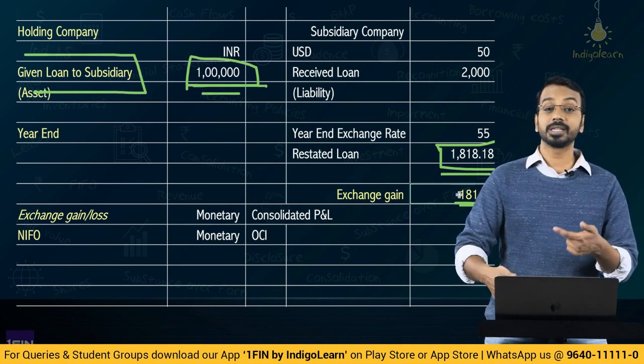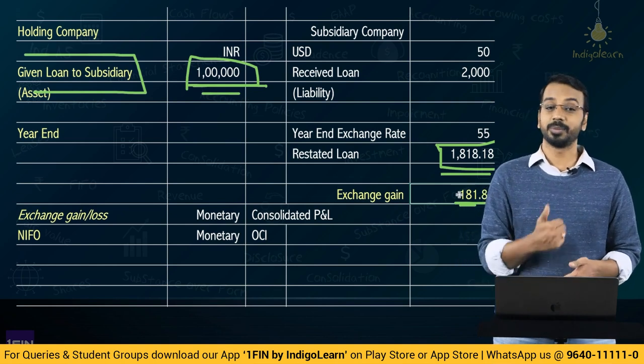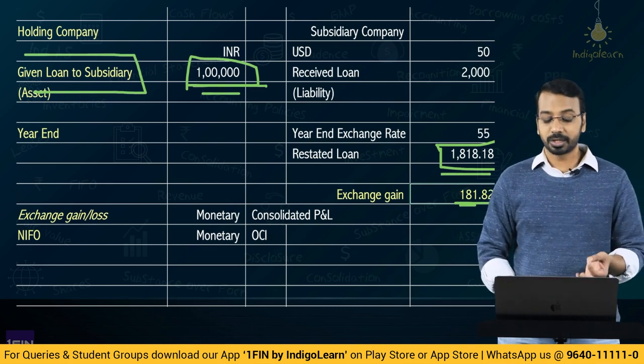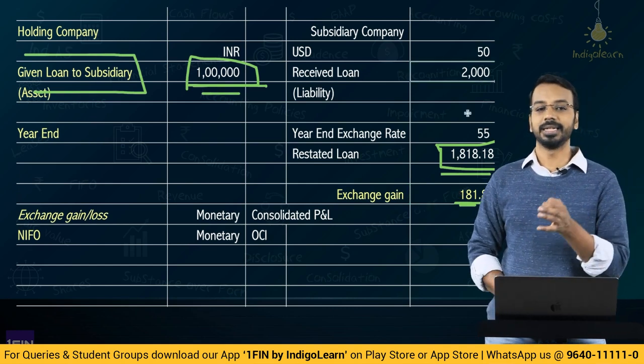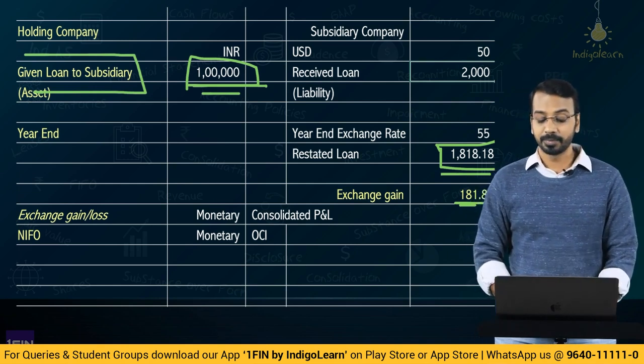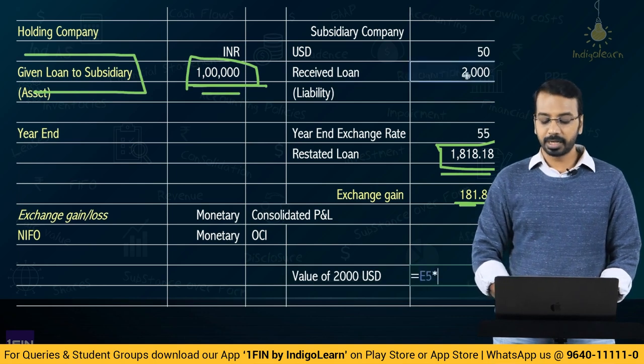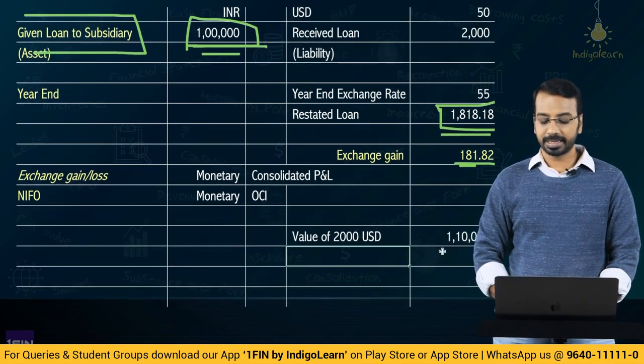Don't say that, because this is an intra-group transaction, this gain has to be eliminated. This gain cannot be eliminated, because actually if you see that $2,000 that the entity has received is worth much more. How much is it worth now? It is worth 2000 multiplied by 55, which is 1,10,000.